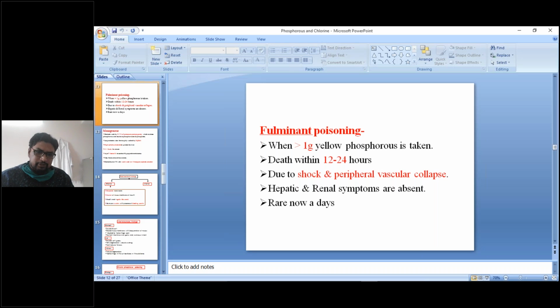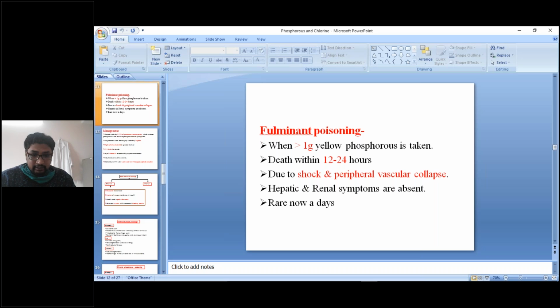We have three stages: stage 1, stage 2, stage 3, and now fulminant poisoning. Fulminant poisoning is where if you take excessive doses, the patient will die immediately. When greater than 1 gram of yellow phosphorus is taken, fulminant poisoning will occur. Death occurs within 12 hours, and the reason is shock and peripheral vascular collapse.